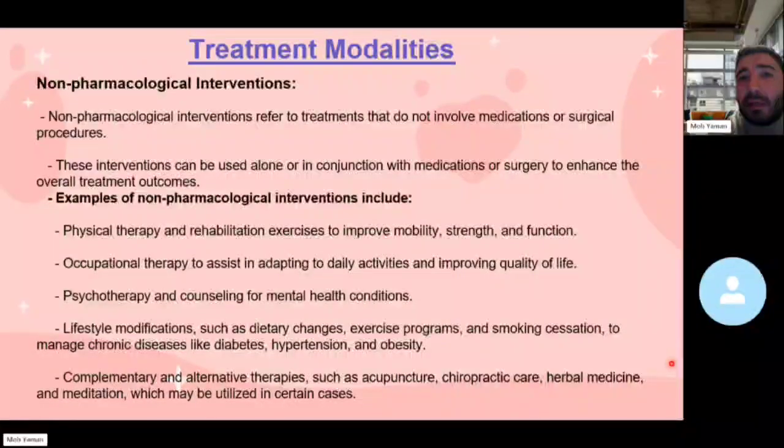Sometimes there is natural treatment, without medication, let me say occupational therapy, physical therapy, psychotherapy, life modification, and so on.